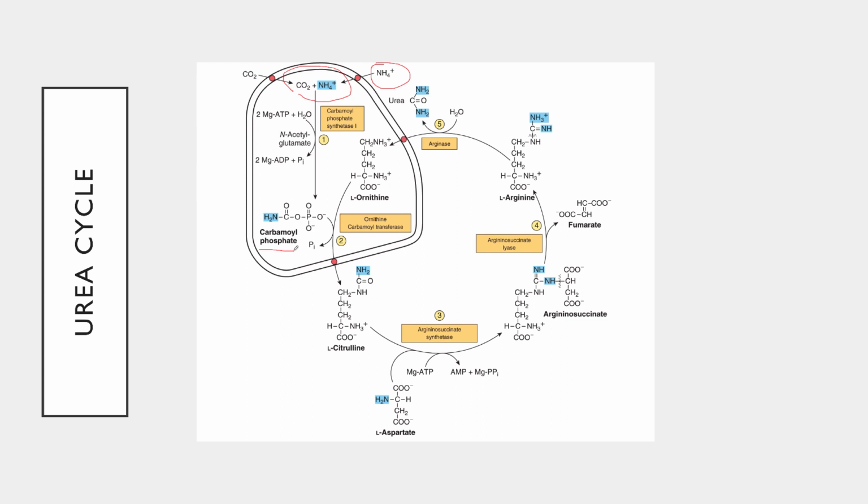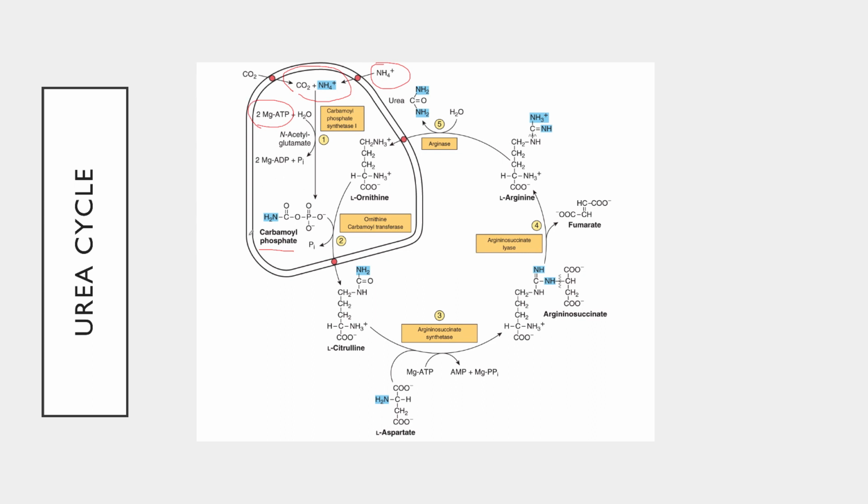What's important to notice here is that the synthesis of urea is an anabolic process and requires ATP. So in the fed state, the ATP is coming from the oxidation of dietary substrates, whereas in the fasted state, this ATP is coming from the primary process of beta oxidation in the liver.